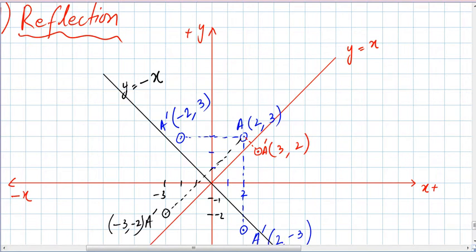It means when we reflect the point about y is equal to minus x, 2, 3 becomes minus 3, minus 2. It means x value becomes y, y value becomes x, and their signs must be changed.